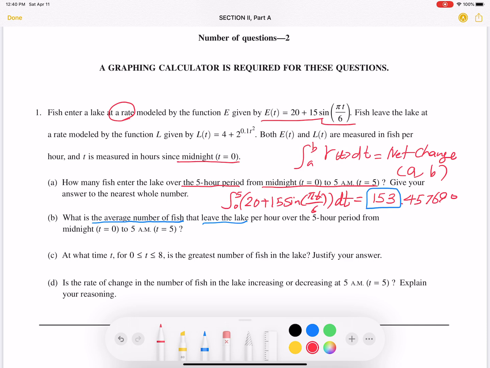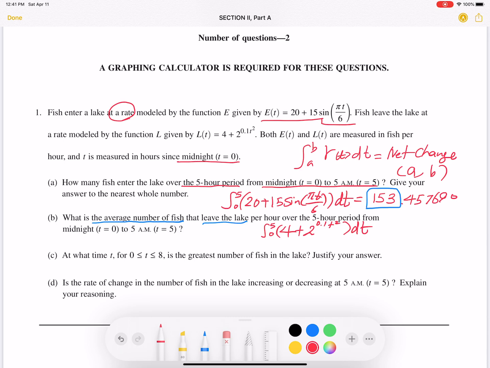That is the integral from 0 to 5 of L of t, which is 4 plus 2 to the 0.1 t squared dt. That doesn't mean the average number, right? It is the total number of fish that actually left the lake over 5 hours.